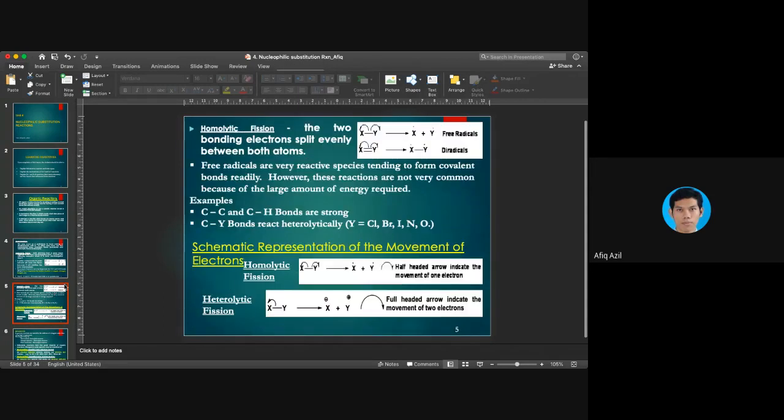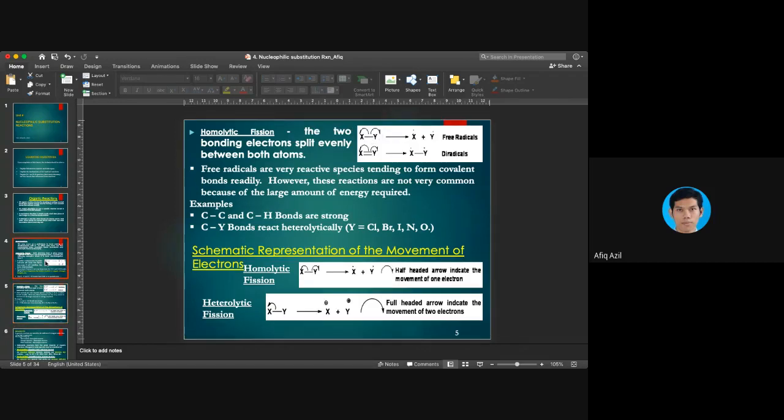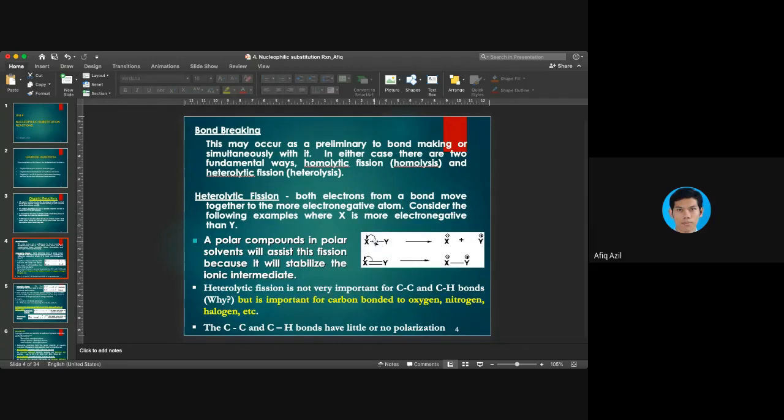Then the next type of bond breaking is what you call homolytic. Homolytic means the electrons split evenly between both atoms. So you see this arrow. One will go to the X side and the other one will go to the Y side. And before I forget, for the movement of electrons, how you draw the arrow is very important.